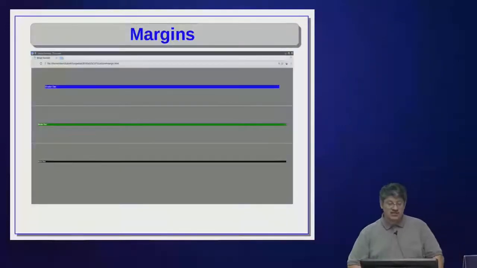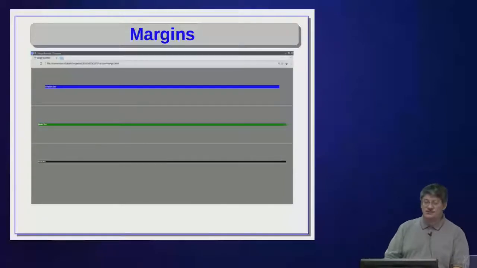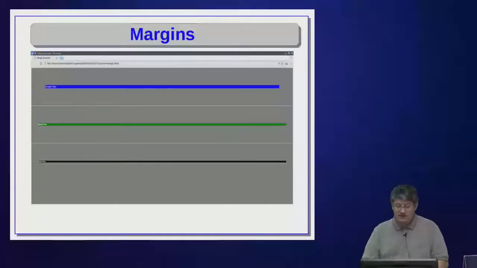So that's what this looks like. I realize this is a little hard to read. I'm sorry that I picked such a dark background. The top box has a margin of 200 pixels all the way around it. It's an H1 tag. The second box contains an H2 tag, the box in green. It has a 200 pixel margin on top and bottom, but if you look at the left and right margins, you'll see they're a little bit smaller than the top and bottom margin.